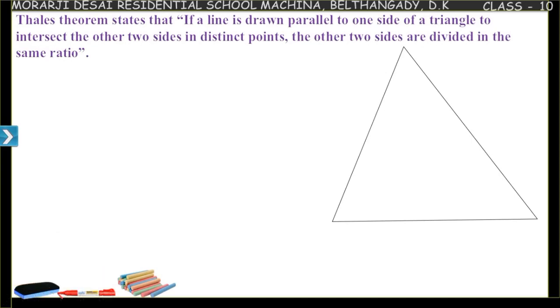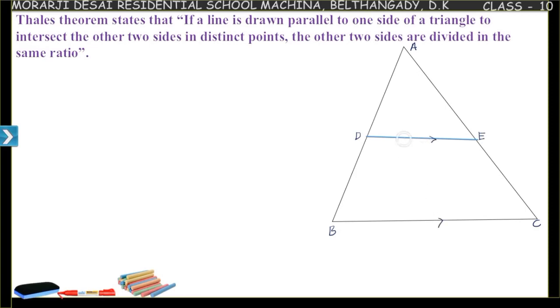Now take a triangle. This is triangle ABC. In triangle ABC, now look at the statement. If a line is drawn parallel to one side of a triangle. Now a line DE is drawn parallel to BC.